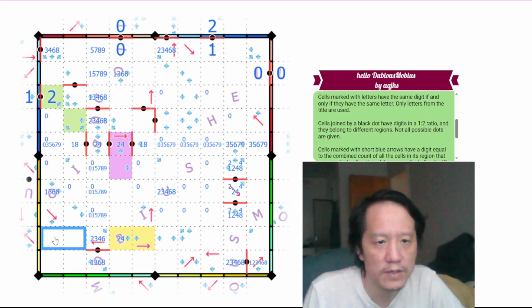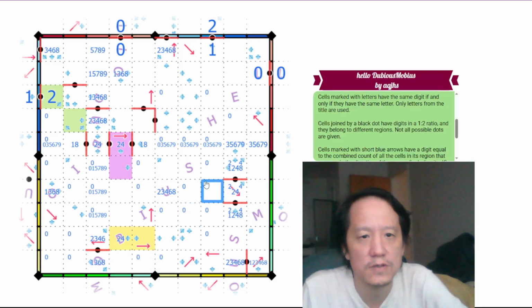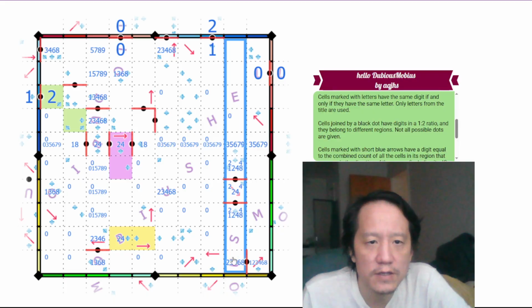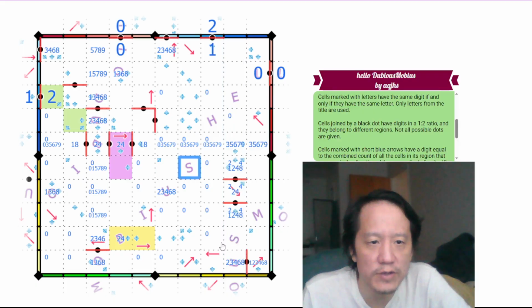Row 9 could be these 2. None of these. None of these. So it could be there. And row 10, none of these. So that's one of these 2 and one of these 2. In column 9, we have only one place that can be a 0 because S is duplicated.